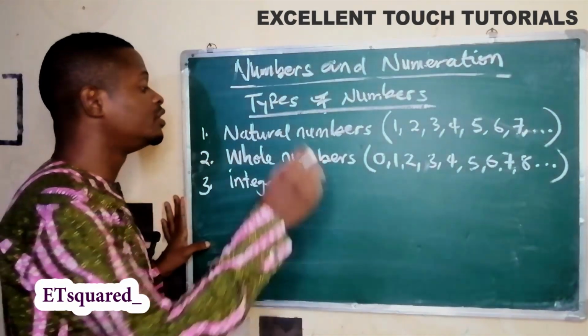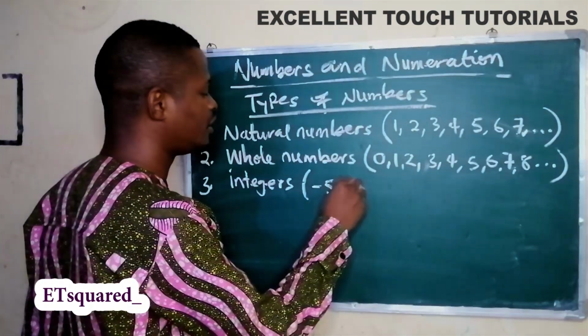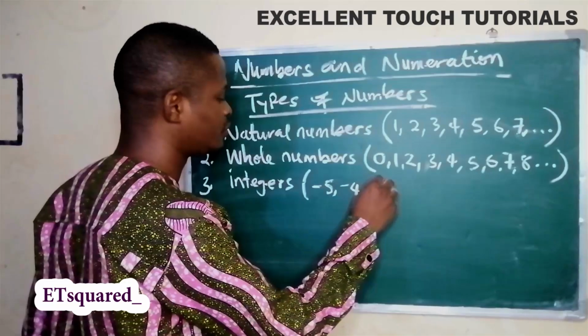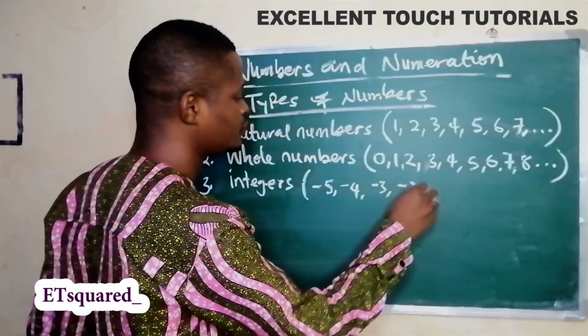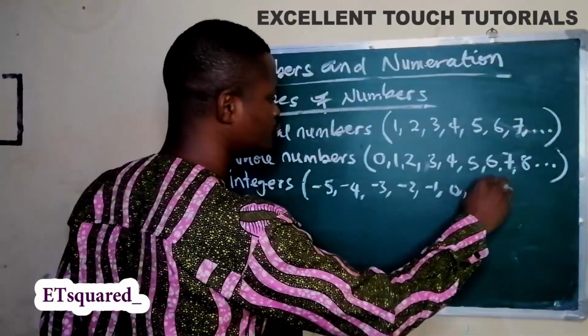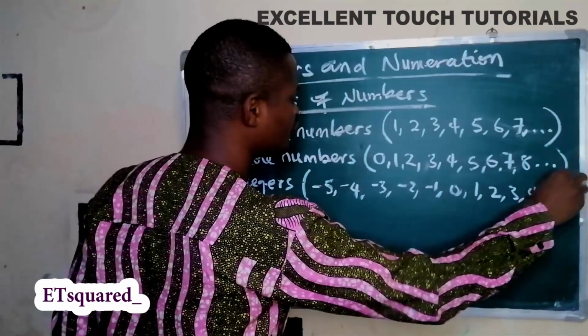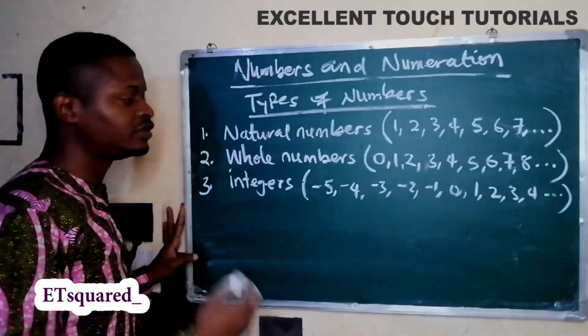So we are talking about all the numbers before -5, then -4, then -3, -2, -1, then 0, then 1, then 2, 3, 4, and so on. 5, 6, 7 integers.